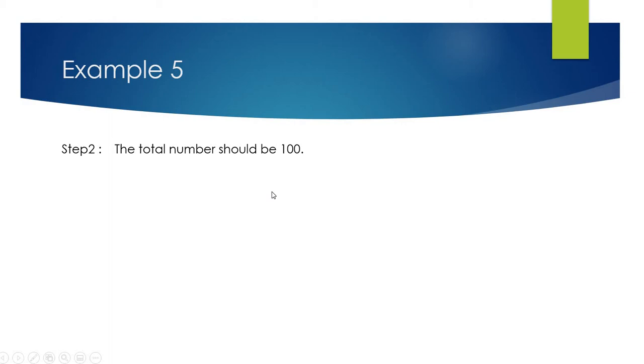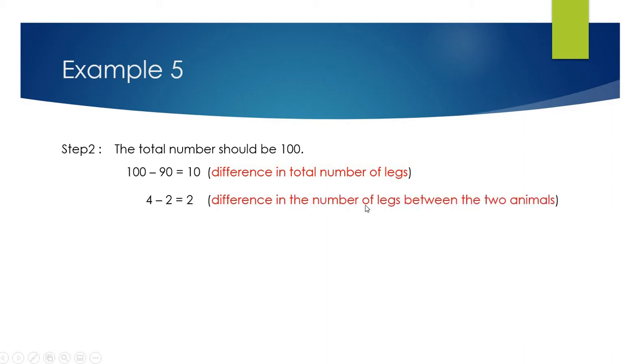So first, we get the difference in the total number of legs. 100 minus 90 is equal to 10. 10 is the difference in total number of legs. So next, we will find the difference in the number of legs between the two animals. A rabbit has 4 legs minus a chicken has 2 legs equals 2. 2 is the difference in the number of legs between the two animals.